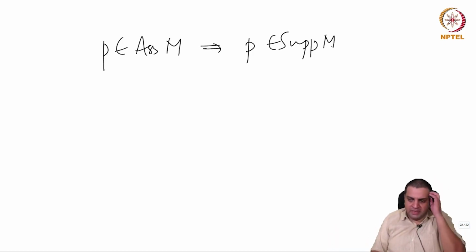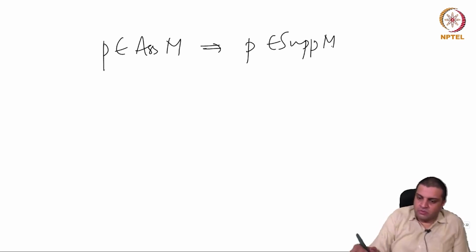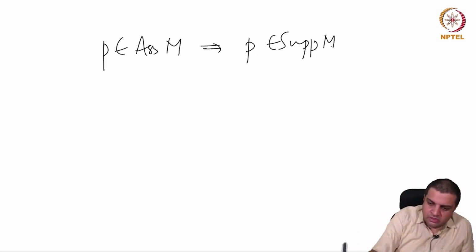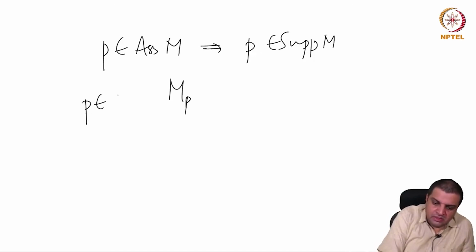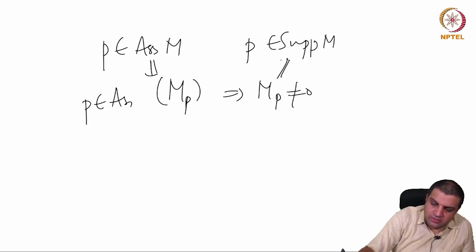In other words, P does not kill every element inside M. Okay. So that is because P R_P is associated to M localized at P. Okay. And therefore M localized at P is non-zero. Okay. So this is M localized at P is non-zero, and then we have this.